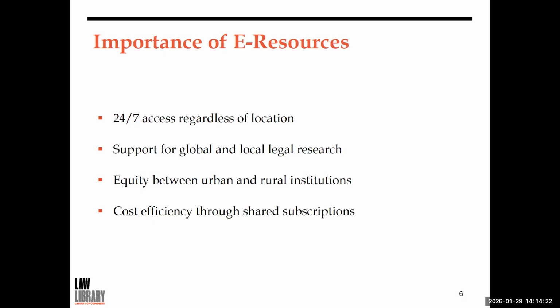There's cost efficiency through shared subscription. We talked about the consortia. Digital resources now are able to be subscribed to at lower individual costs, which is making even institutions come together, bringing about innovation.